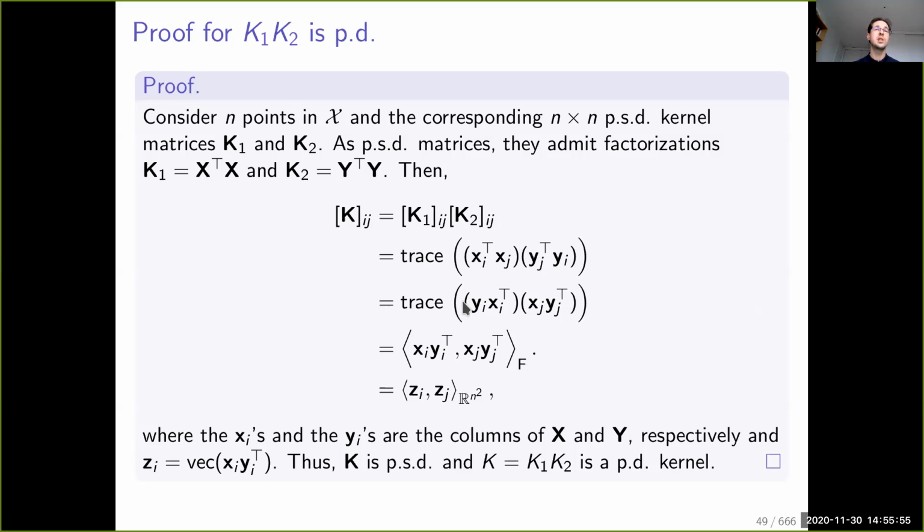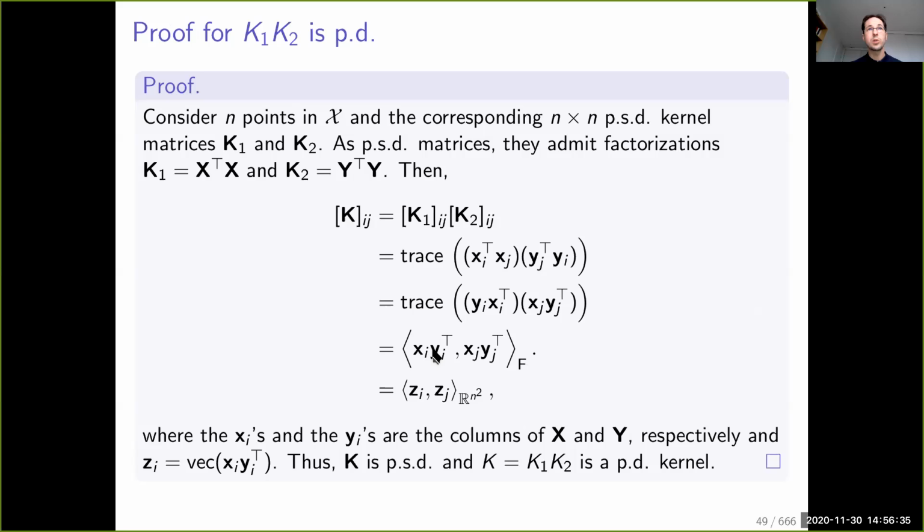Then you can do the same as for the polynomial kernel. We simply use the symmetry of the first linear product. We move the Y here on the right. And at the end, we can rewrite this as the Frobenius inner product between two rank 1 matrices, Xi Yi transpose, which only depends on the index i, and Xj Yj transpose, which only depends on the index j, such that we can write this as some Euclidean inner product between two vectors, Zi and Zj.